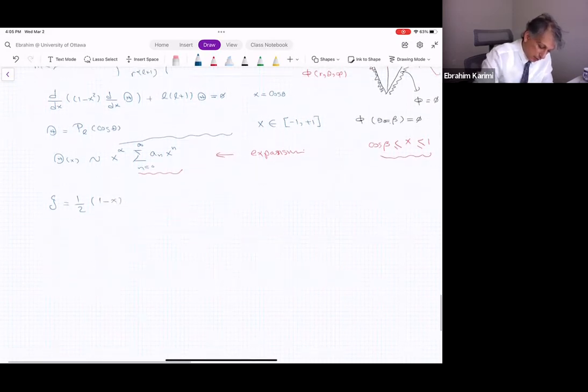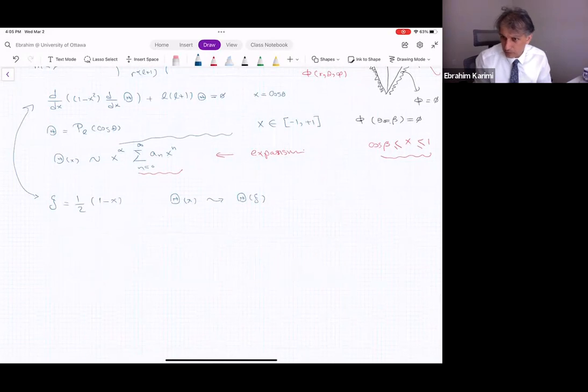And then we will rewrite the above expression. So now theta, which previously was a function of x, now is a function of zeta, because I'm doing the change of variable. I'm changing x to zeta.